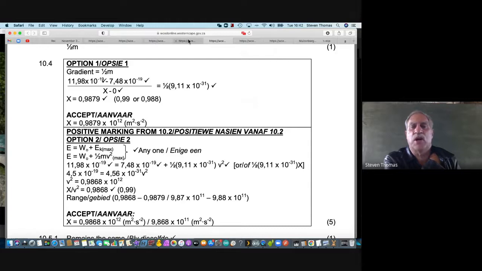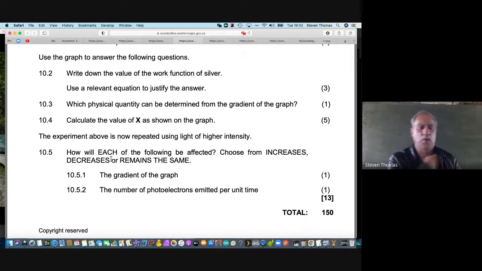So let's go back to this question. The experiment above is now repeated using light of a higher intensity. How will each of the following be affected? Choose increase or remain the same. So does the speed of the electron change as we increase the intensity? That means we have more electrons strike the metal.